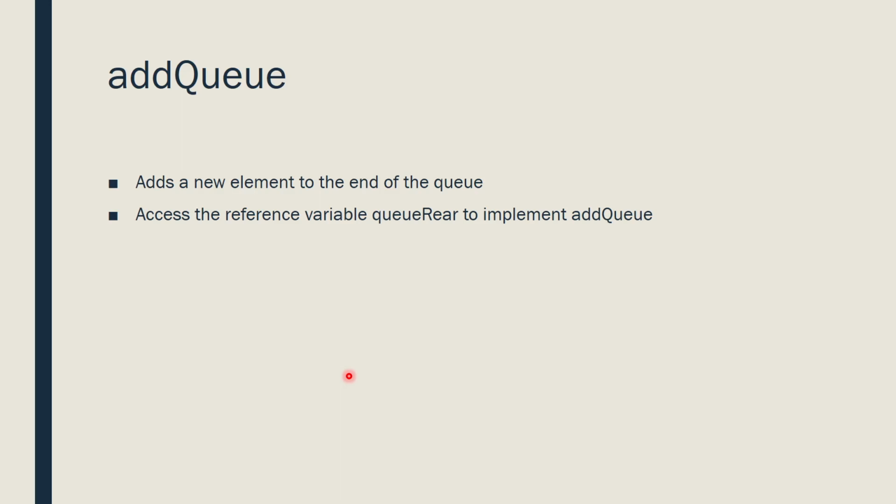As mentioned earlier, add queue or enqueue adds a new element to the end of the queue, meaning to the rear. And this will be used to access the reference variable queue rear to implement add queue.